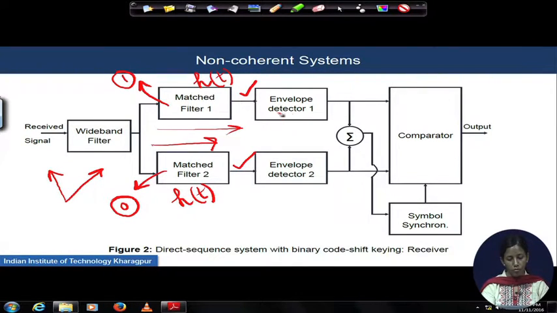So, henceforth we will go ahead with this matched filter with envelope detector output. As we understand, when any one of the matched filter outputs is high, the corresponding envelope detector output will also be high.